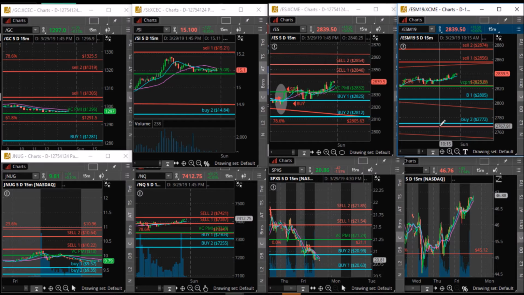You go flat. You let the market dictate. A close below activates a short trigger. A close above activates a buy trigger above sell 1. But remember, do not buy above sell 1. You only have a 10% probability of it going in your favor. That is a very, very weak trade.